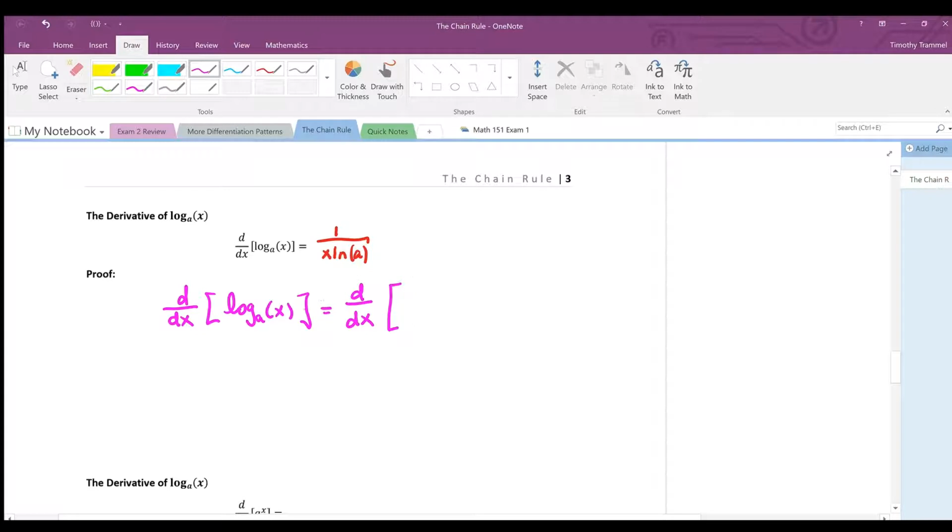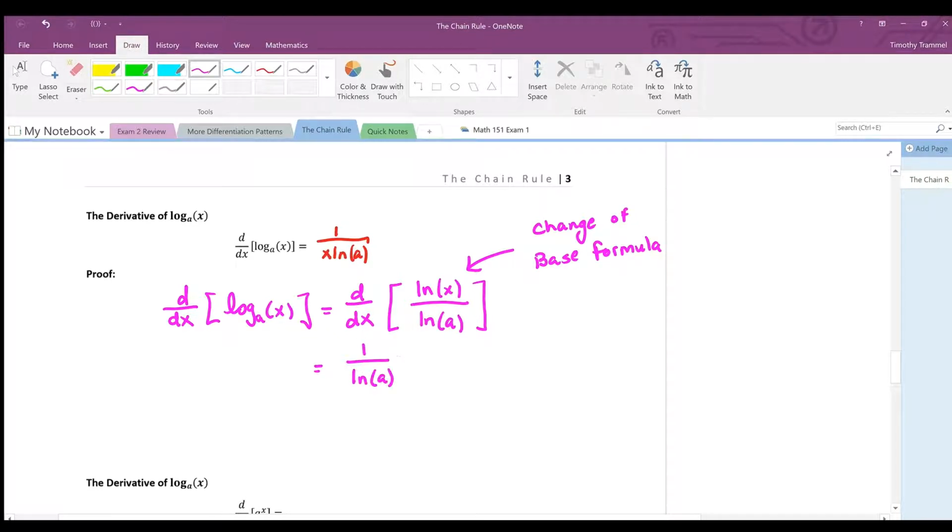And so when I use the change of base formula, I'm going to end up with the natural log of x on top and the natural log of a in the denominator. Let's maybe write what formula we use there. Now, the natural log of a is just a constant, so you can pull that out, 1 over the natural log of a, right?